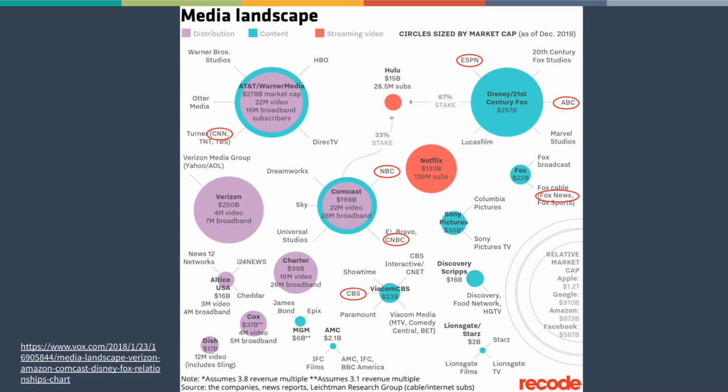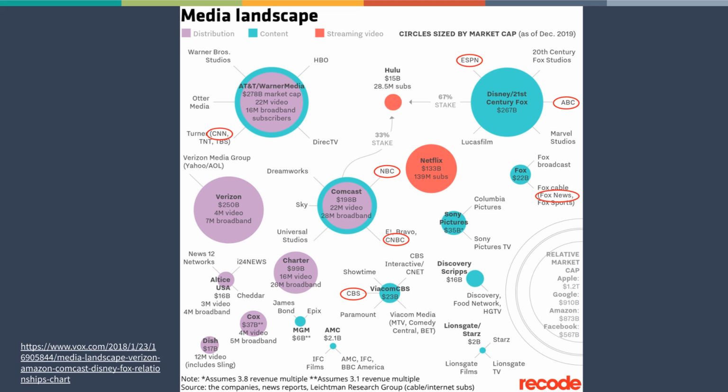And you can see that AT&T / Time Warner owns CNN. Disney owns ABC and ESPN. Comcast owns NBC. Viacom owns CBS. Fox owns Fox News. So all the major cable news and network news that we know are all owned by only 6 companies, which is a lot of power for these to have.